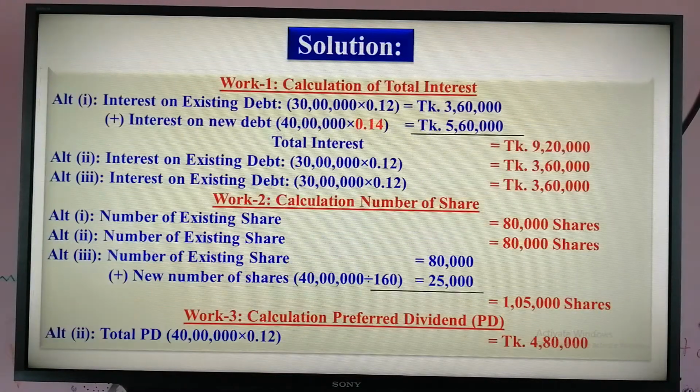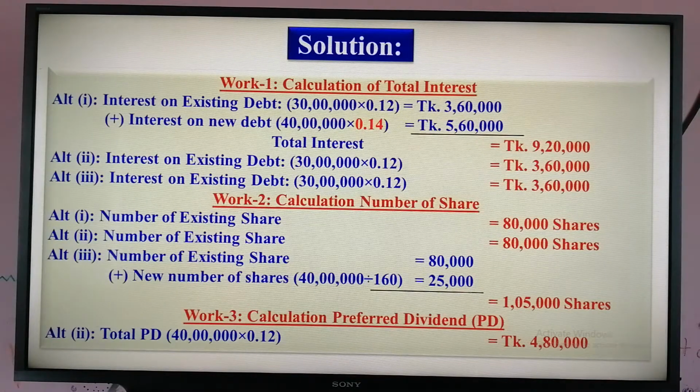Look, 40 lakh multiplied by 14%. 14% is the rate, because in your PDF file it was wrongly written as 42, so make a correction. 40 lakh multiplied by 14% is 5,60,000. So alternative 1, total interest 9,20,000.